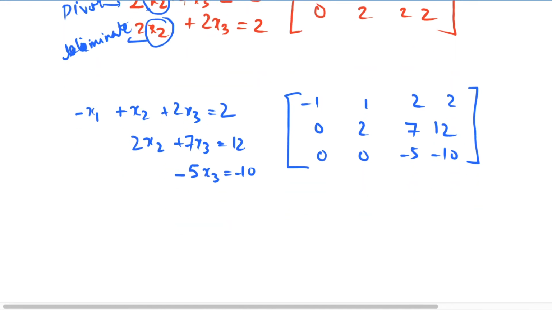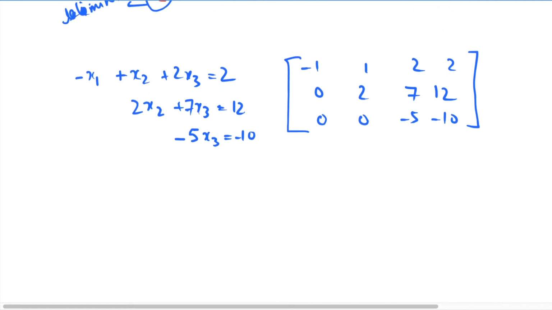So now you can look at the beauty of Gauss elimination and why we are reducing it to row echelon form. If you work backwards now, here we just have to solve for x3. So x3 is equal to 2.